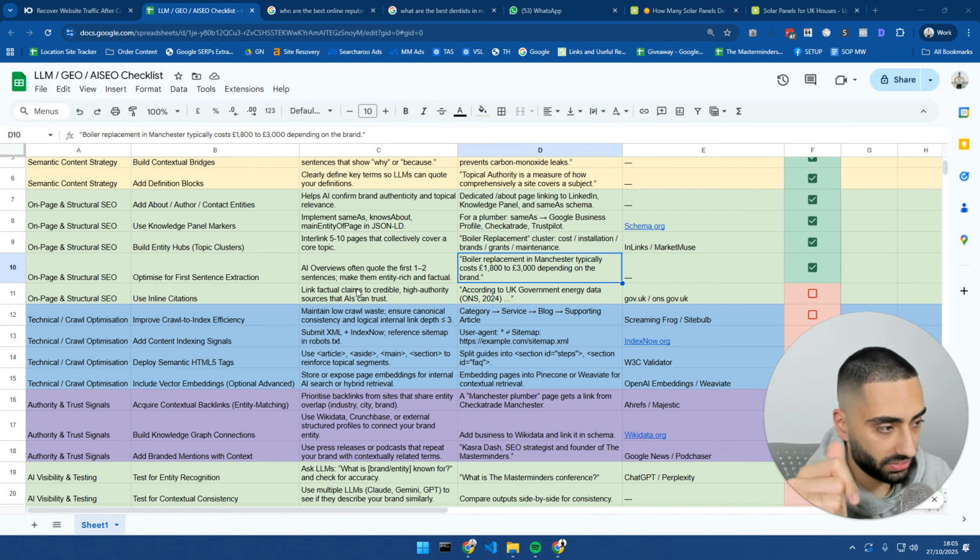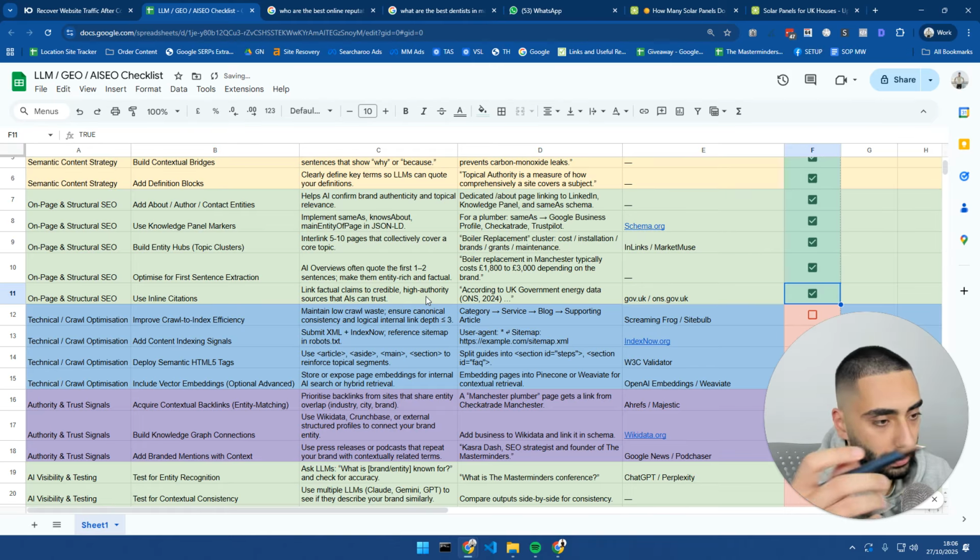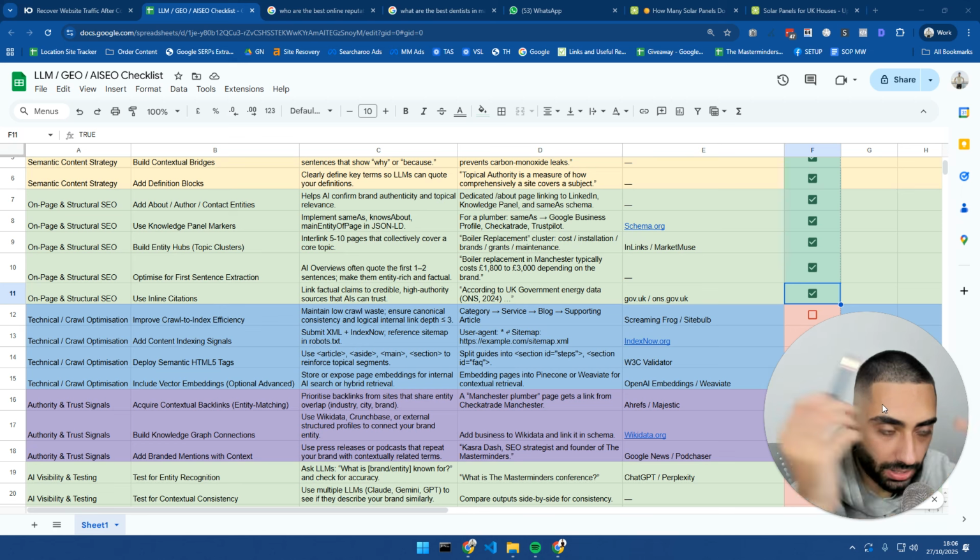Now, for example, according to UK government energy data, ONS 2024, and then you can obviously internal link to the government website or where you found that claim. Now, if you're not actively doing this, then you're not actually citing a credible source, meaning that even the things that you publish on your website might not then get cited in LLMs.